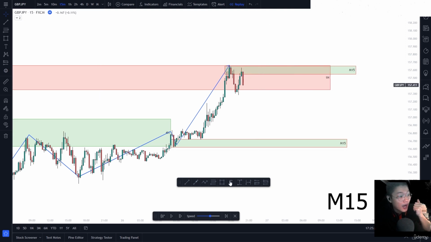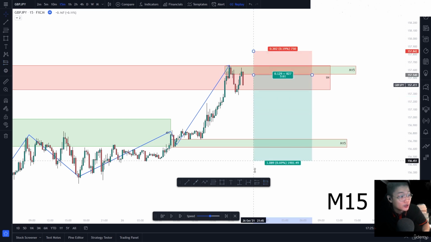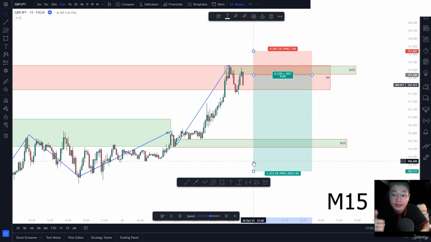So I will wait to see whether price can retest again, and I will join the market at the triple top. I mean that I need price to create a triple top, because a triple top is stronger than a double top at this level, because the 50-minute time frame at this time is still in uptrend. 4 hours is downtrend, 1 hour is a downtrend as well, but the 50-minute time frame is still in uptrend, so I need to be very careful in this case.